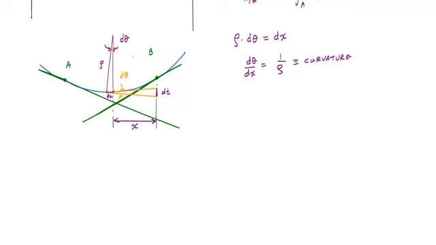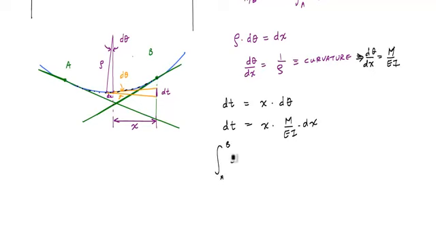Again, with the small angle approximation, dt is equal to x times d theta. And if you recall, d theta over dx is equal to M over EI. I can substitute this definition of d theta, so dt is x times M over EI times dx. If I integrate over every little increment along the length between A and B, I get the integral from A to B of dt equal to the integral of x times M over EI times dx.